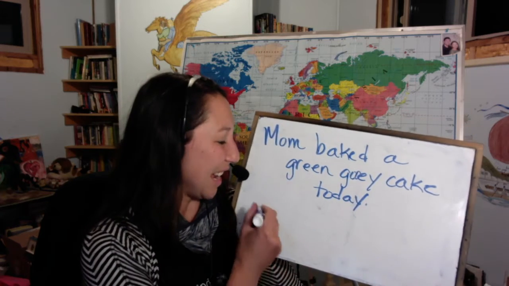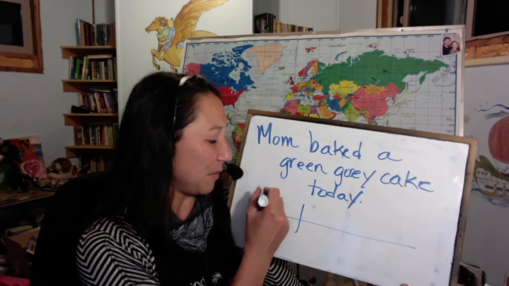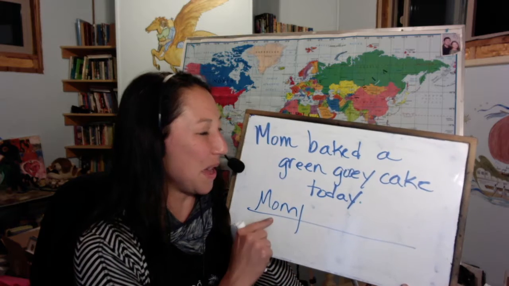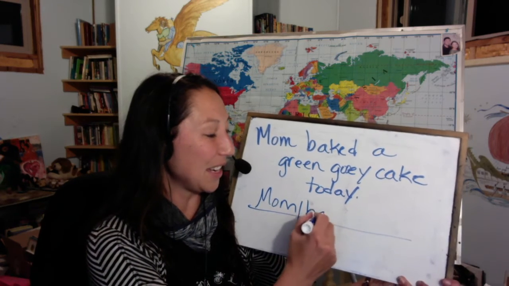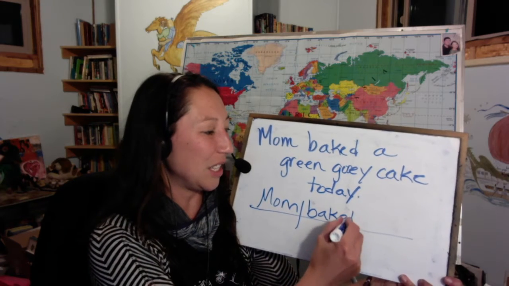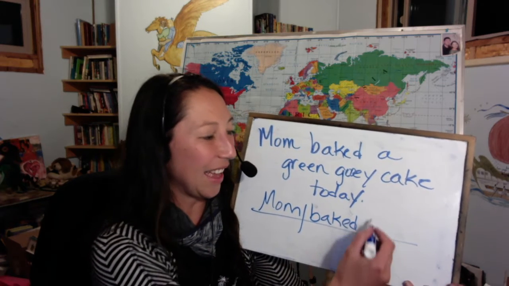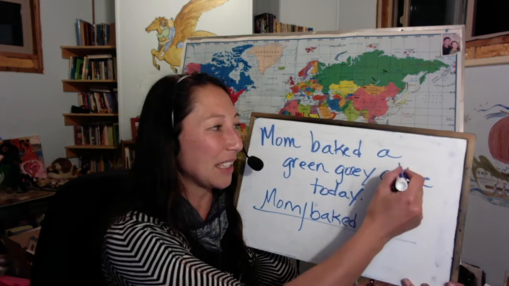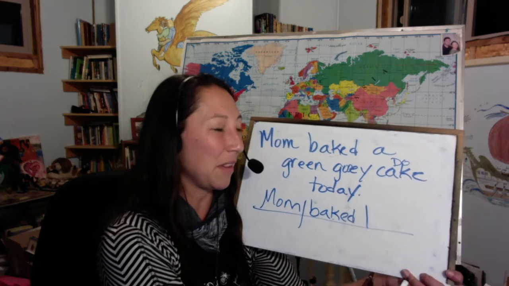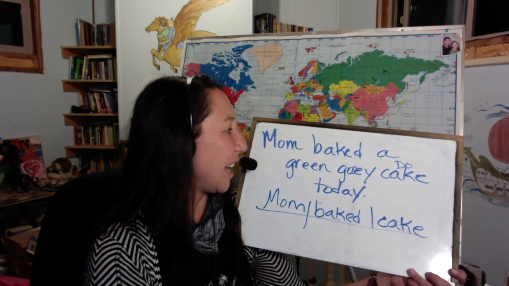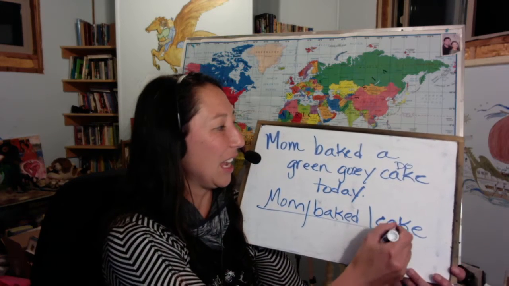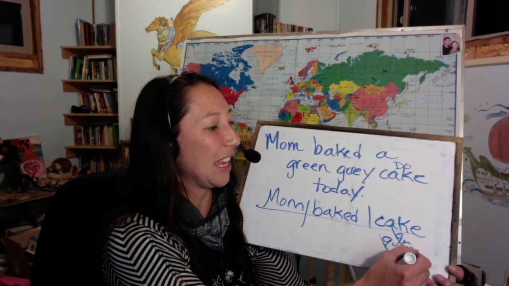All right, I need my subject. What or who is my sentence about? Mom is correct. What did she do? Where's my verb? Baked. What did she bake? A cake. Here's my direct object because I could answer the question what with my verb. What kind of cake? Green cake.